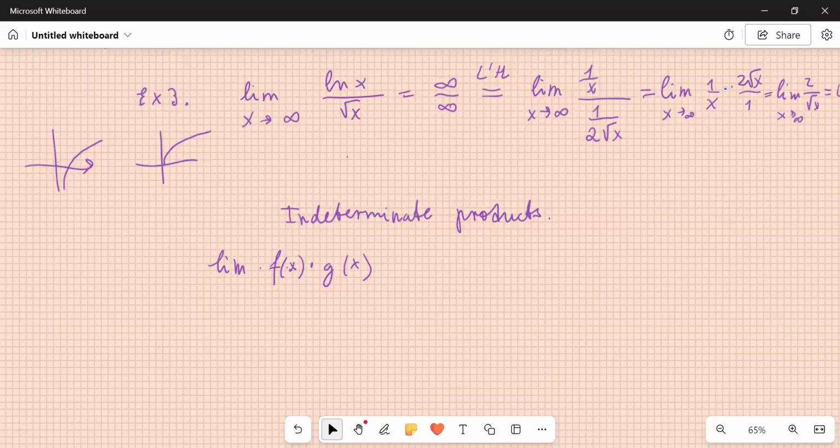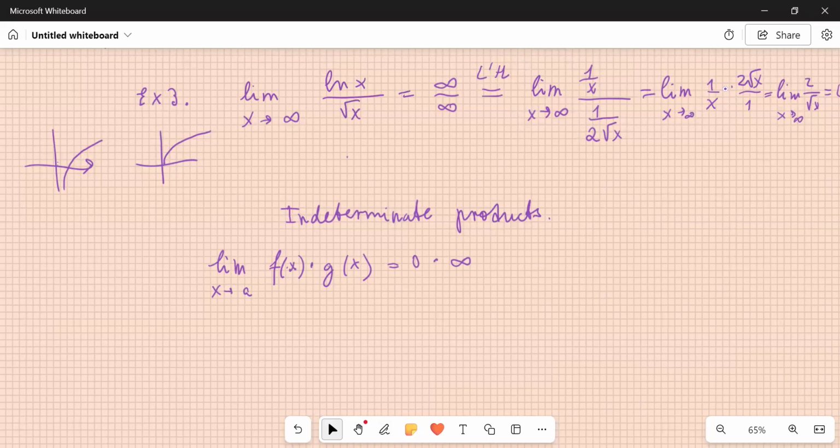Here, guys, it's not going to be both zeros or both infinities, because in that case the limit is either 0 or infinity. Here, we are going to have one function going to 0 and one function going to infinity. So I'm going to write it symbolically as 0 multiplied by infinity. I don't know which one is going to 0 and which one is going to infinity.